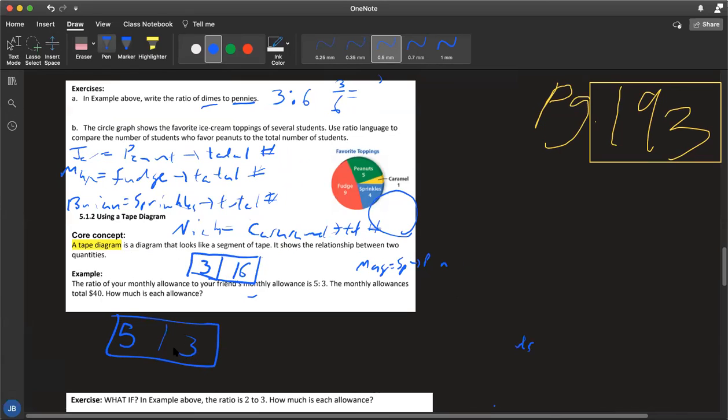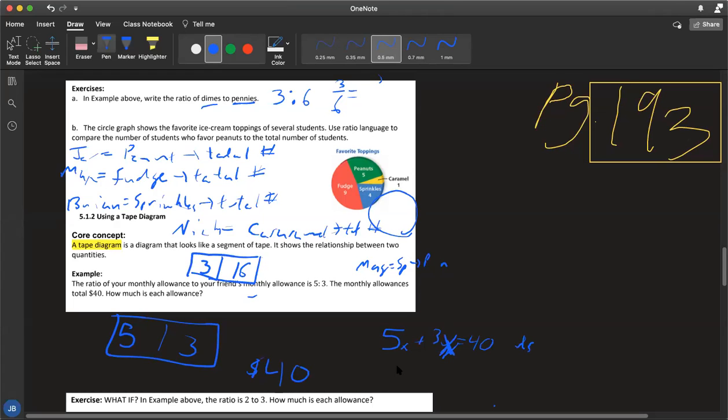Perfect. All right, so if we have a 5 to 3 ratio and the total allowances are $40, we want to figure out how much each allowance is, right? So we have 5x plus 3x equals 40, correct? These are both x's because it's going to be the same amount of money.